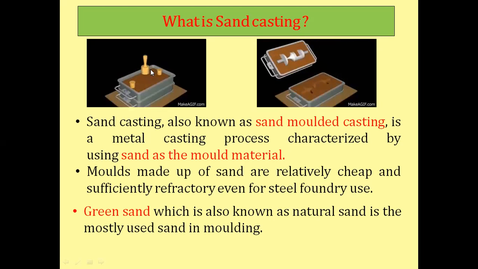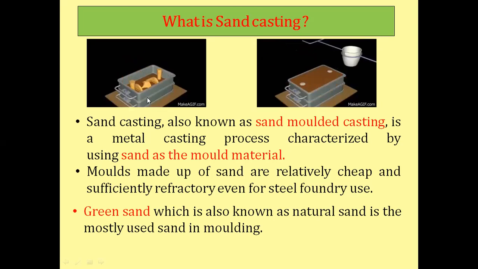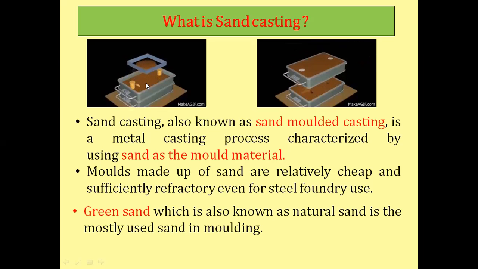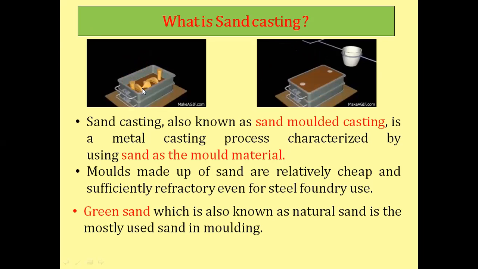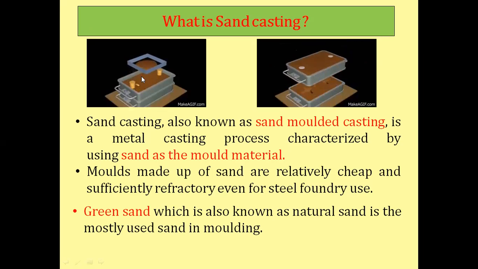Okay, and after that you will pour the sand. Before that you will put the pattern. That pattern may be wooden or plastic depending upon the requirement. So after putting the pattern you will pour the sand. Okay, and after ramming it will set, and the drag will be removed from the cope.